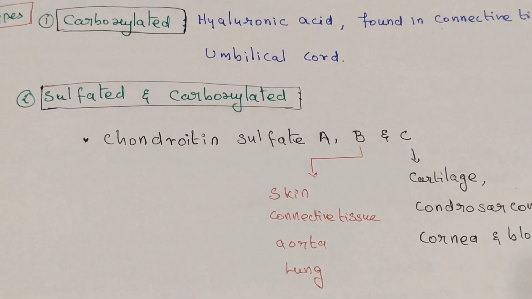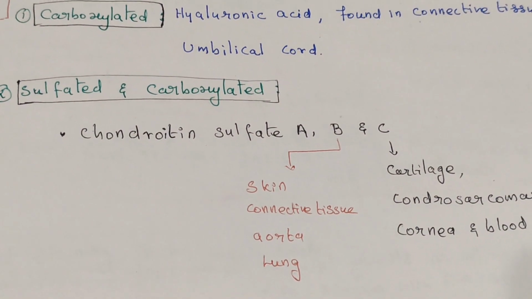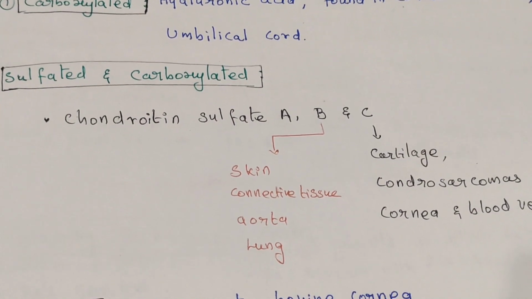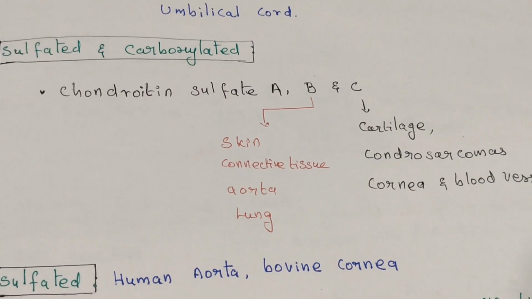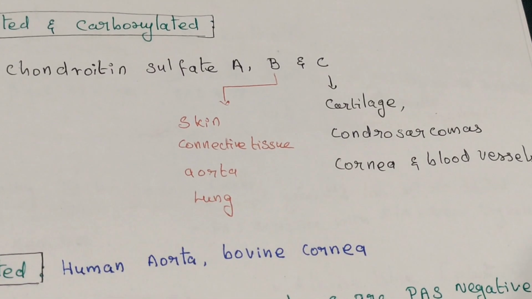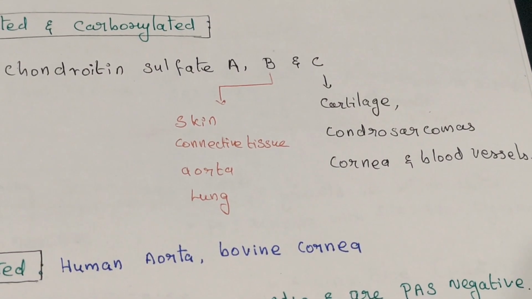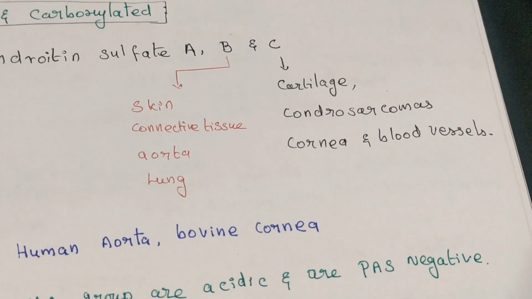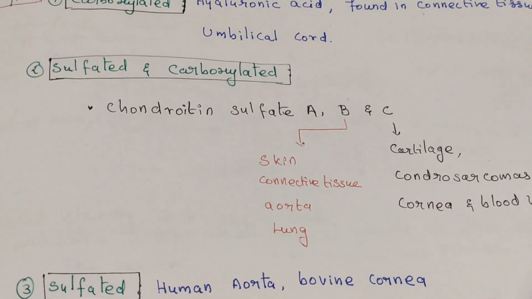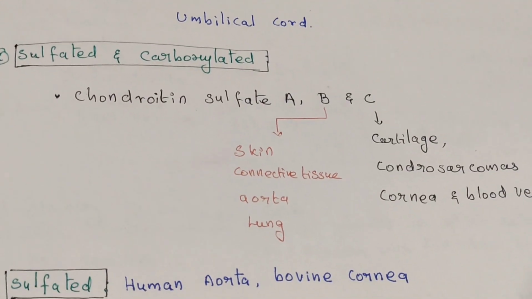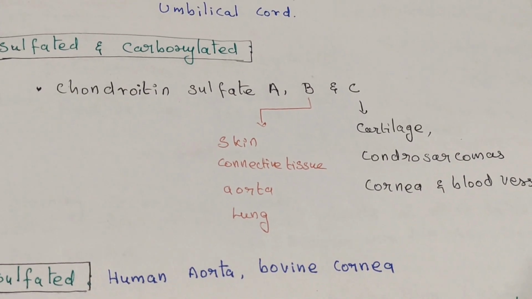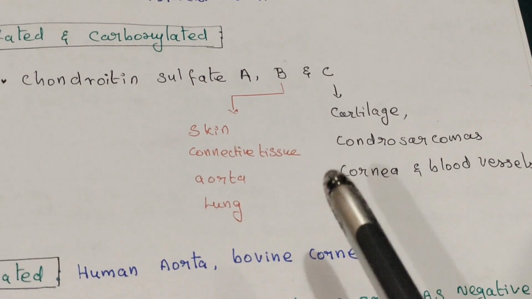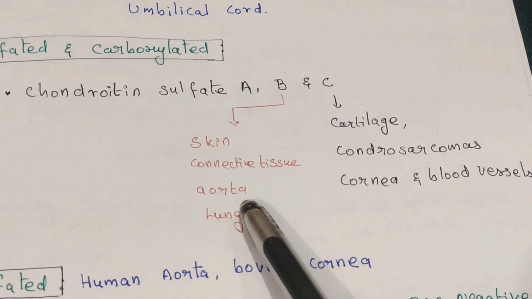The second category is sulfated and carboxylated, which is chondroitin sulfate A, B and C. B is present in skin, connective tissue, aorta and lungs.